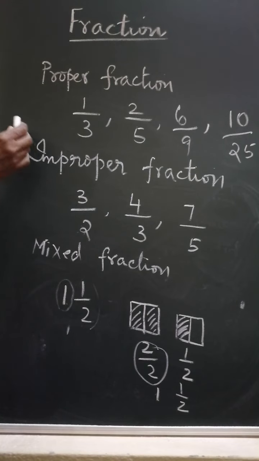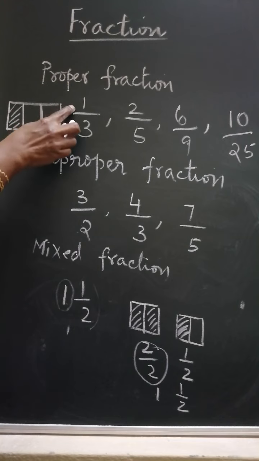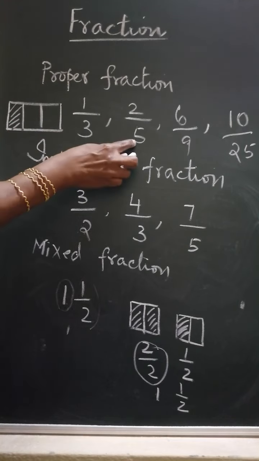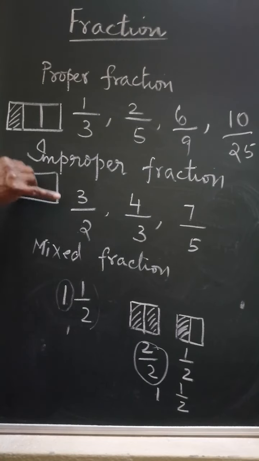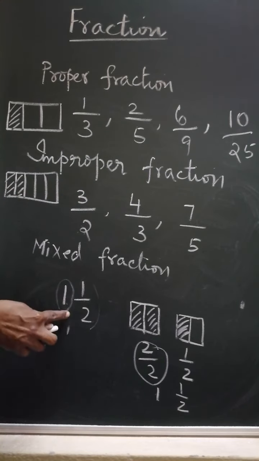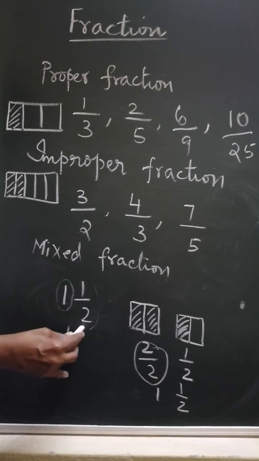Now see, how to represent a proper fraction in a diagram: divide this part into 3, shade 1, this is called 1 by 3. If it is 2 by 5, I divide this into 5 parts. Out of this, 2 parts are shaded. So this is 2 by 5. Here also in the same way, this part represents the whole.